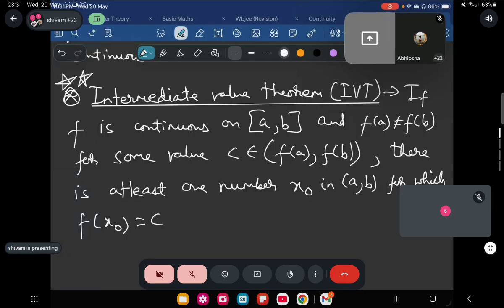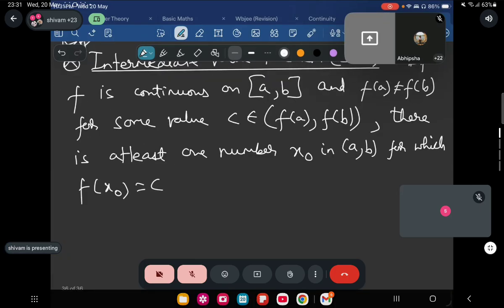Acha, see, this concept is very similar to location of roots in quadratic equations, if you remember.